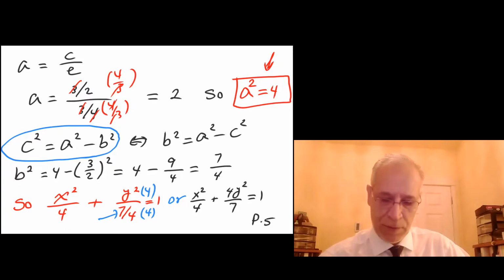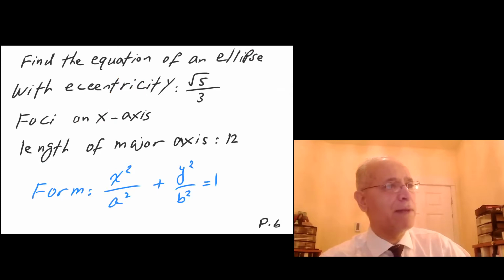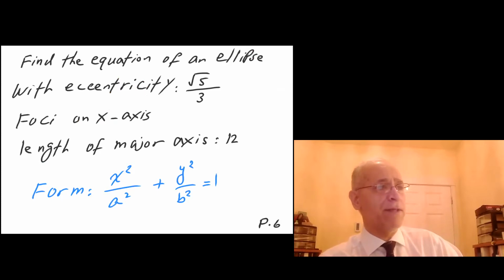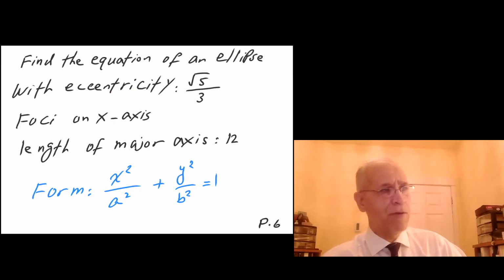Let me go to page 6. Our final example is to find an equation of an ellipse with eccentricity √5/3, foci on the x-axis.